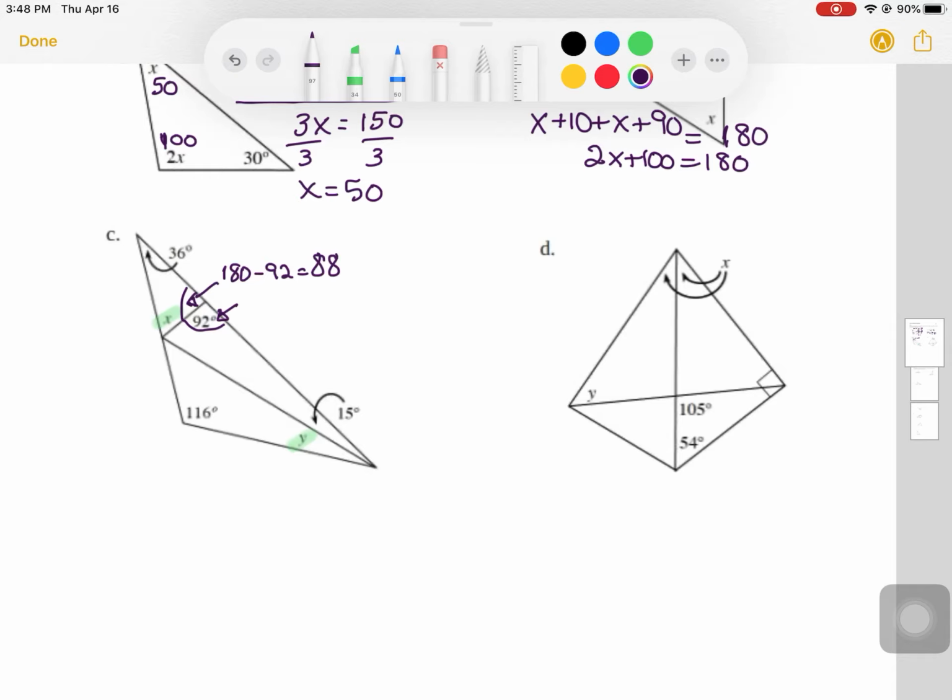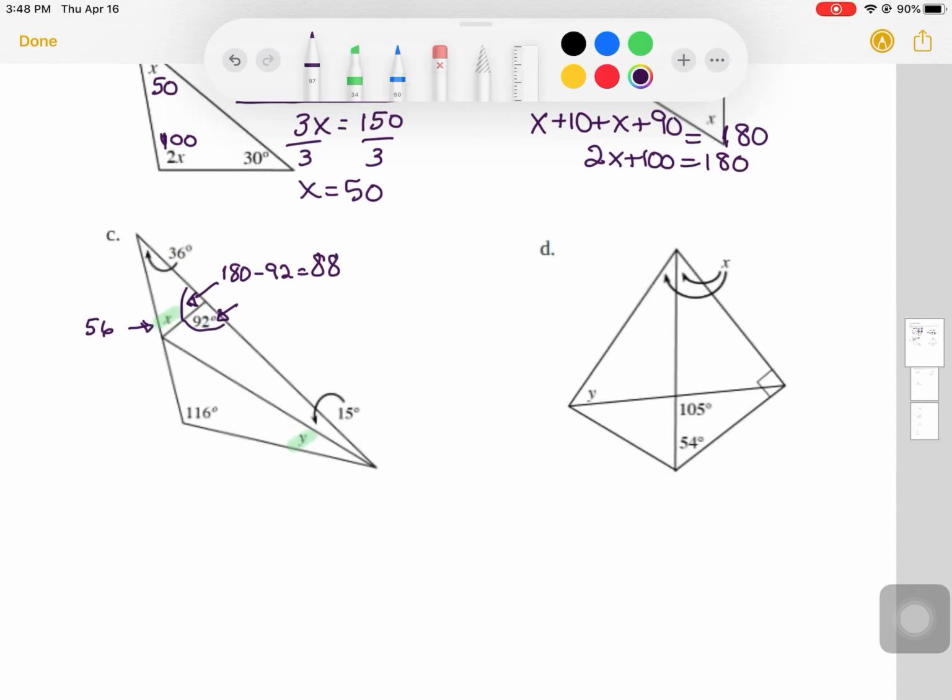And then at this point, we've got that angle as 88 right in here. We've got the 36. And that makes our x right here equal to 56. So that was the first catch. It's just trying to figure out how we can find our missing pieces and parts.